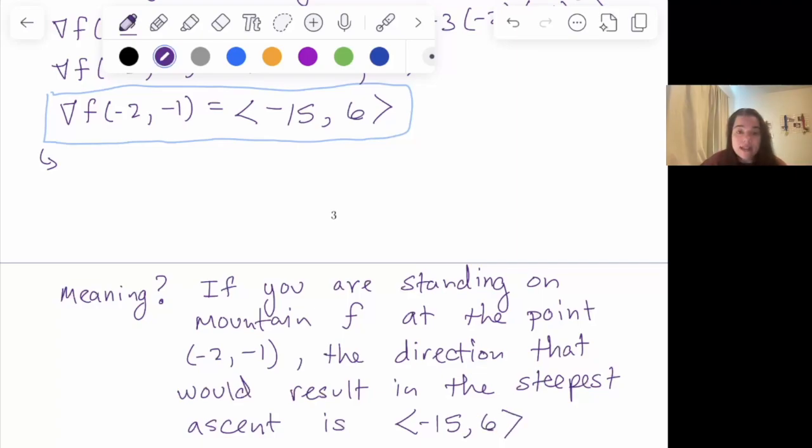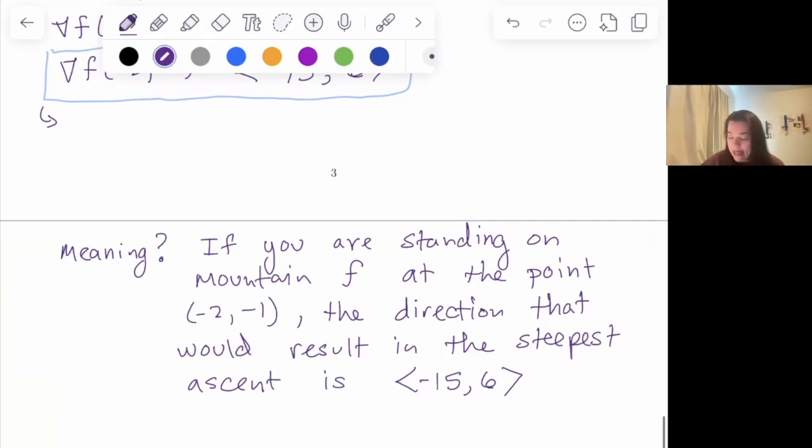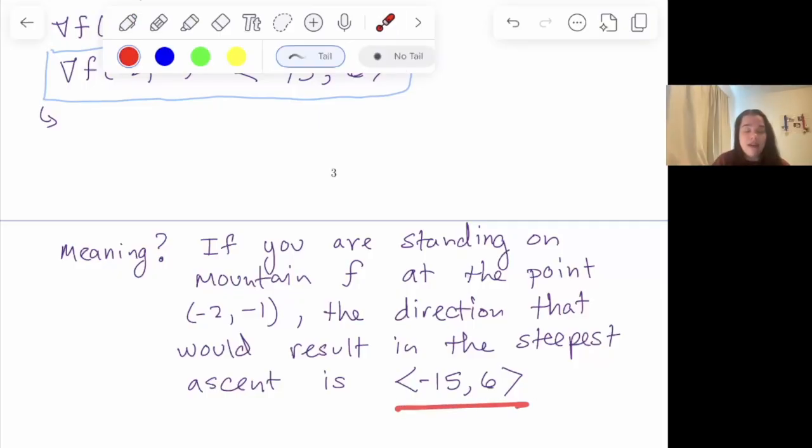So think of that vector as like the path or the trail you're going to take. So if you're standing on mountain F at a certain point and you want to walk the steepest uphill you can at that moment in time, you would need to follow the direction of that vector.